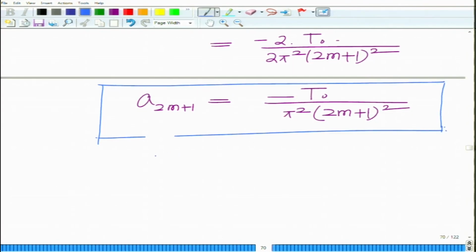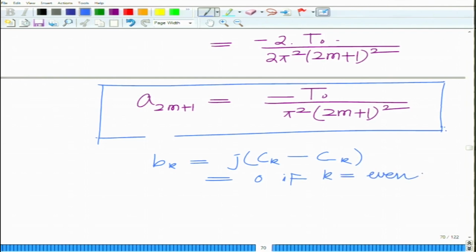Similarly, now coming to Bk, Bk equals j times (Ck minus C minus k), which equals 0 if k is even, because if k is even then Ck and C minus k are both 0. So Bk is 0.